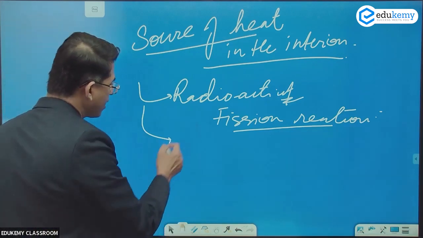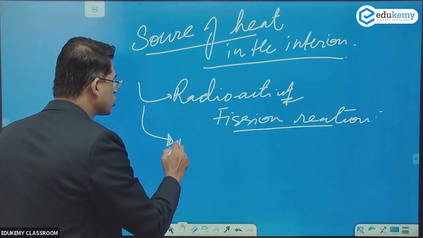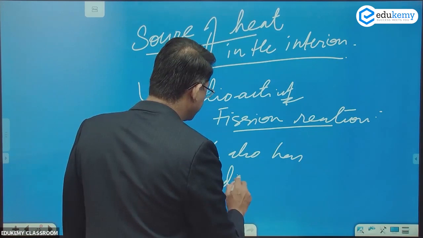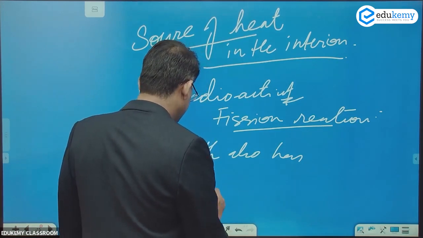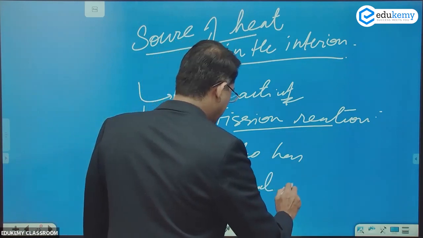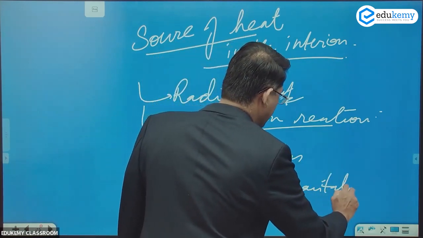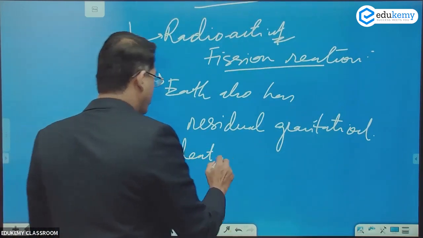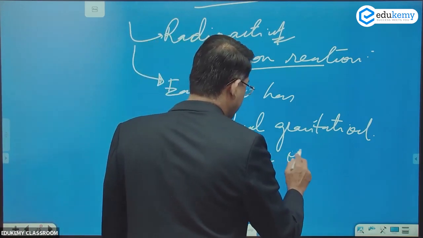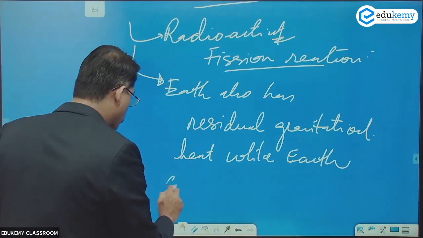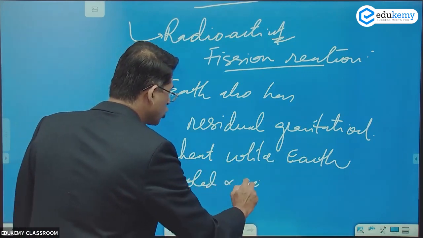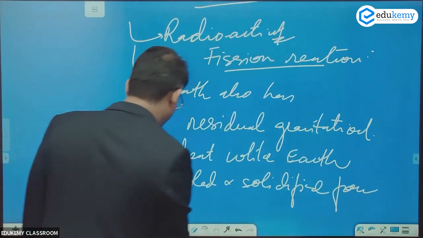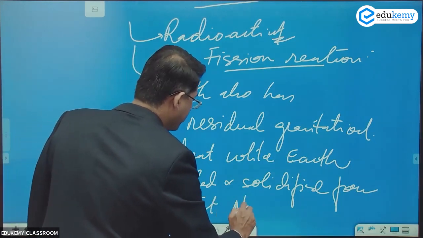Okay, and at locations, Earth also has a residual gravitational heat, from when Earth cooled and solidified from the ancient nebula.